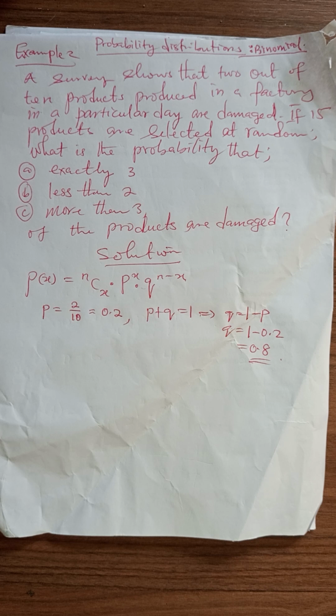For B, x is equal to 0 and 1, because less than 2. Sorry, x is equal to 0 and 1. Less than 2, because x can take 0. More than 3, so we use the difference now and subtract. Now we go ahead and answer the question.